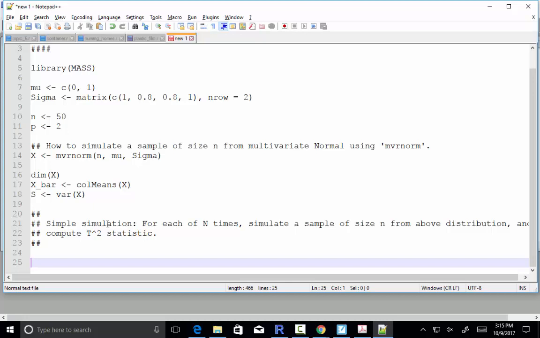What we can do after doing this simulation, because we're going to have a bunch of simulated t-squared values, is draw a histogram of them, for example, and visualize empirically the sampling distribution of the t-squared statistic. And then I think if we have time, I can show you how it matches the truth. With a t-squared test, we know the sampling distribution of the t-squared statistic.